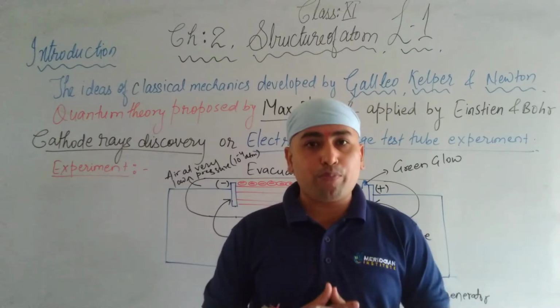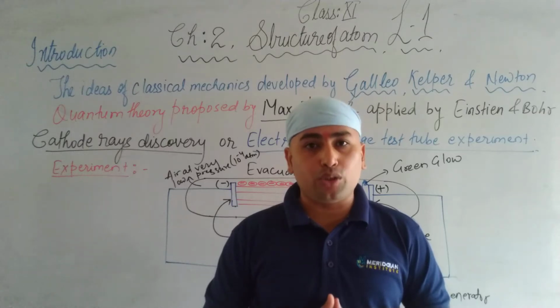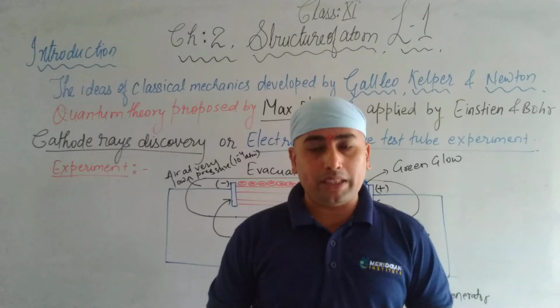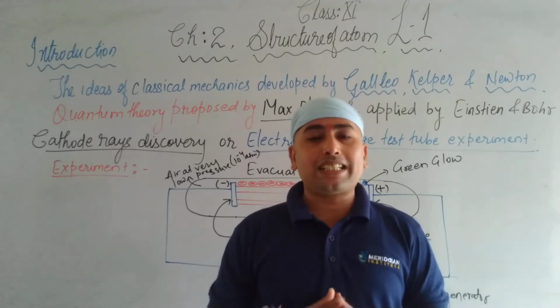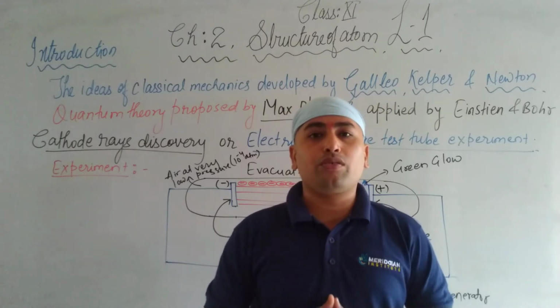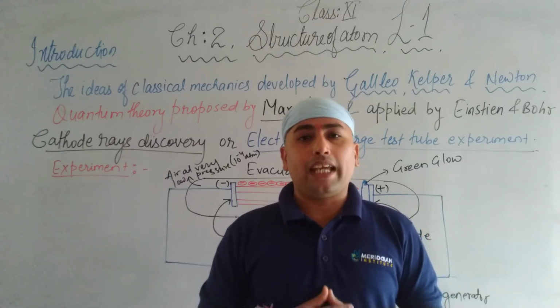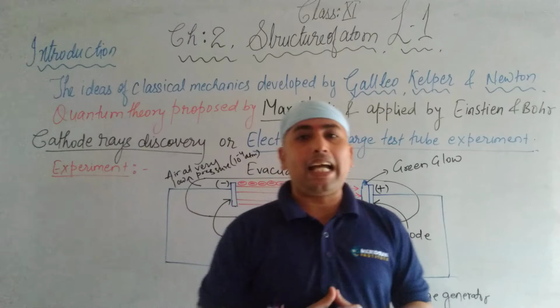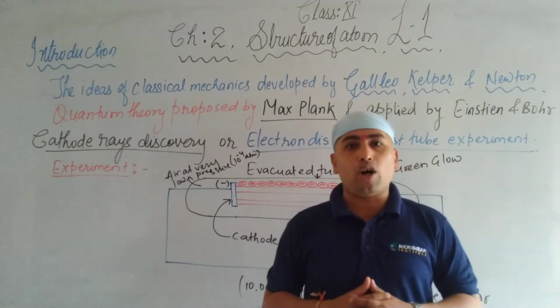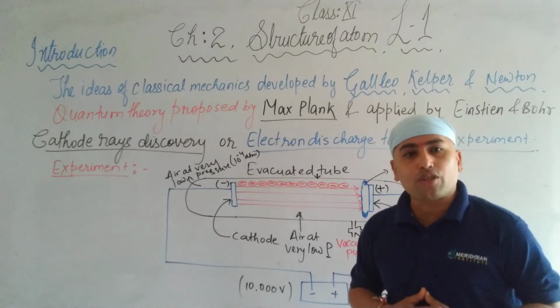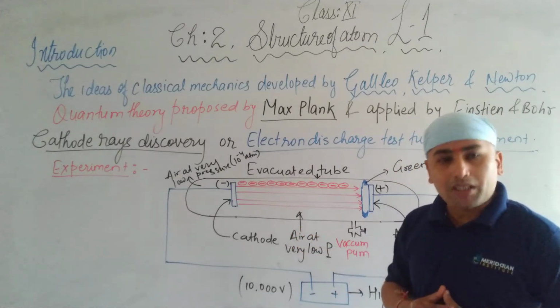So he developed a discharge test tube, also known as an evacuated tube. An evacuated tube means a test tube in which the pressure is very low. And he took electrodes as a cathode and an anode. We already know that the cathode is the negative electrode and the anode is the positive electrode.